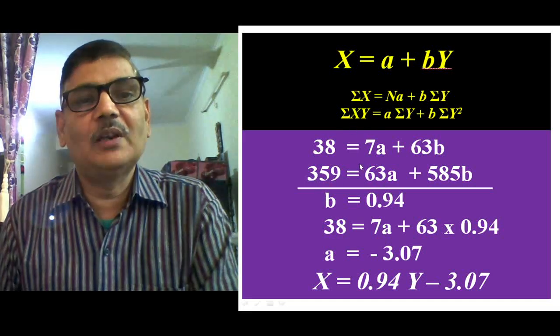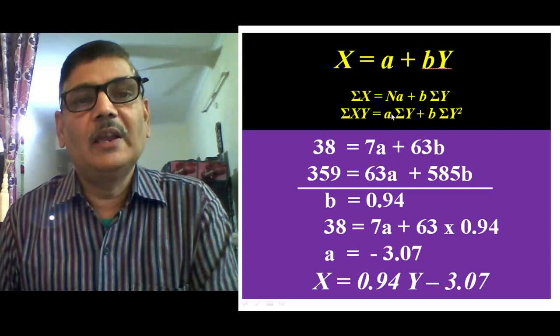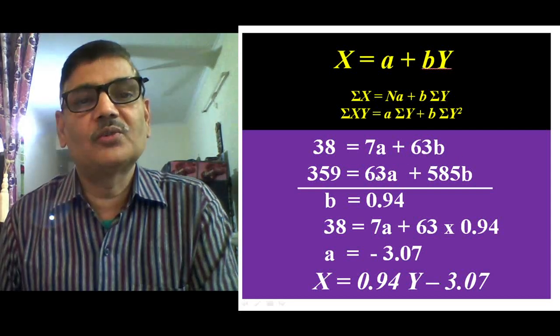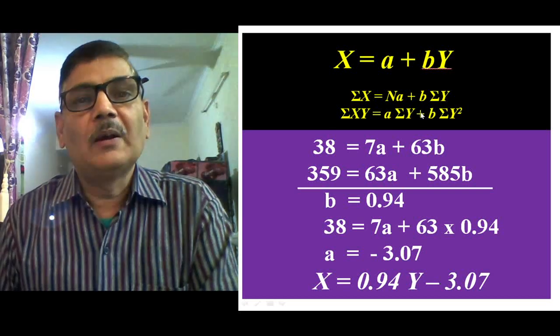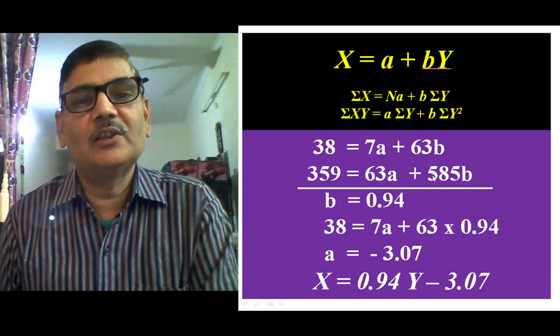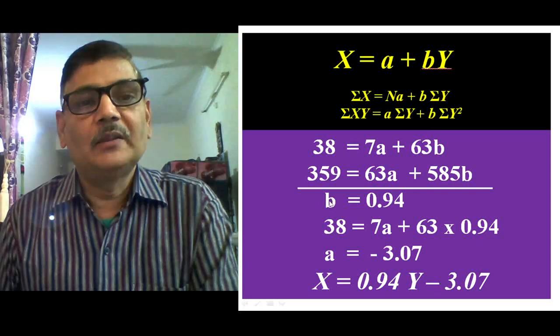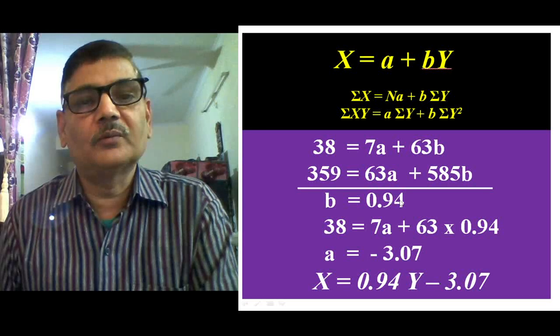So 359 is equal to a into sum of y, which is 63, so 63a plus b into sum of y square, and y square is 585 into b. When you solve these two equations, you will find b is equal to 0.94.